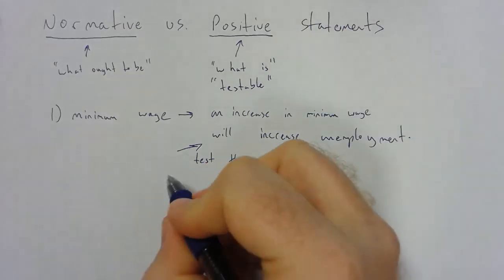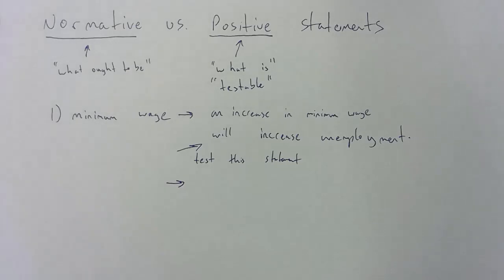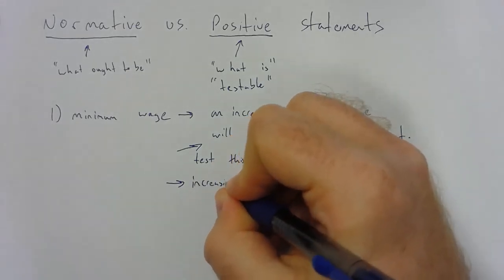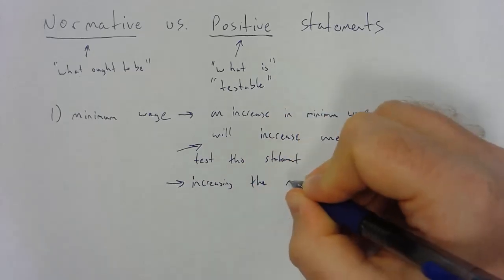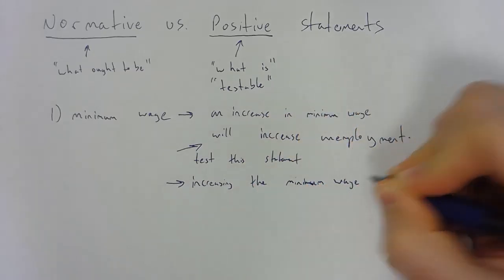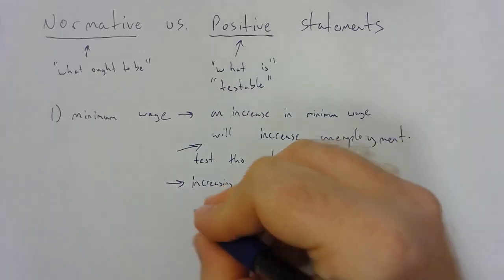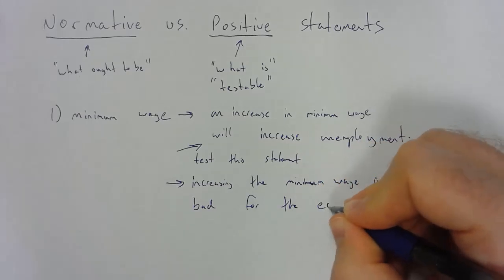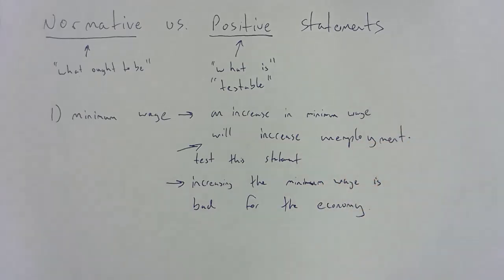Now, let's consider minimum wage, but we'll write a normative statement. Increasing the minimum wage is bad for the economy. This is an example of a normative statement because we can't really test this.